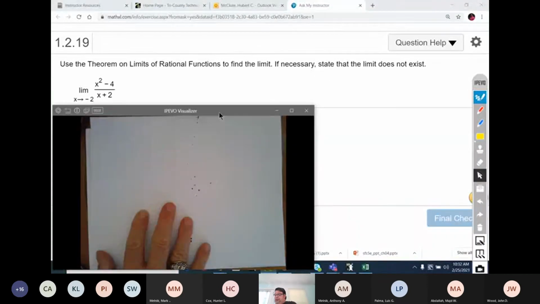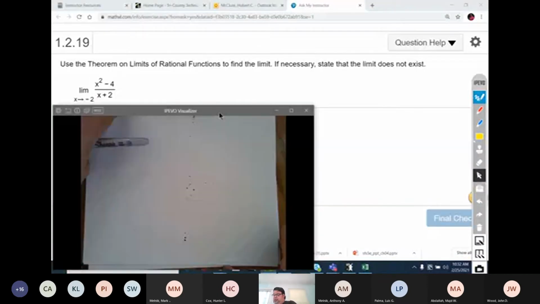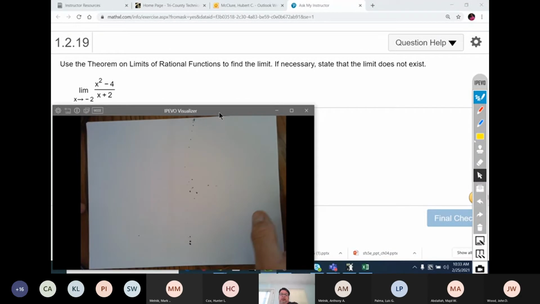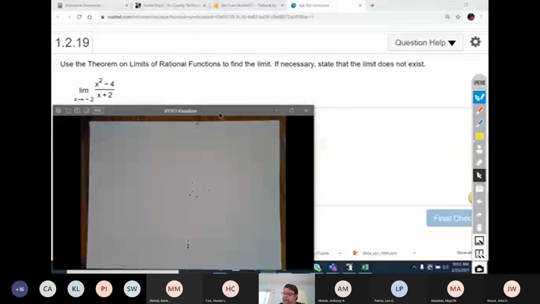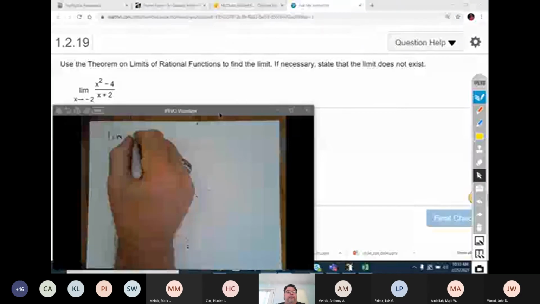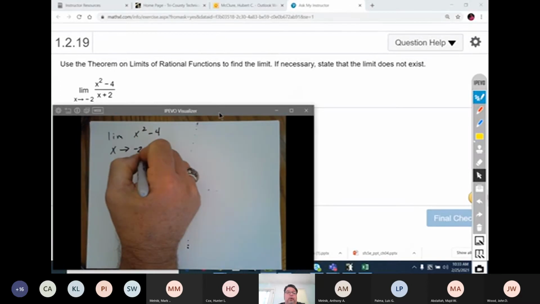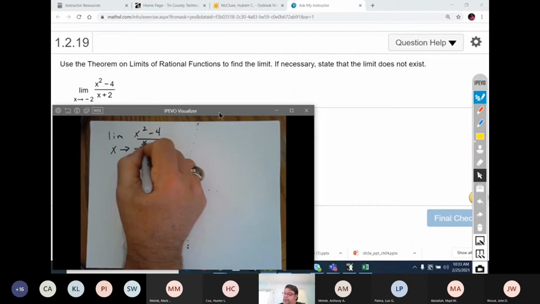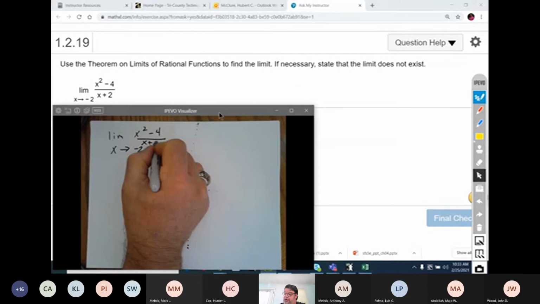And yes, you will see these on the test, and the graphical ones that I told you will be on there too. Limit of x squared minus 4 over x plus 2, as x approaches -2. Sorry. Well, first of all, you need to make a note.